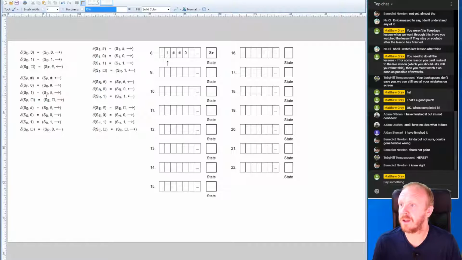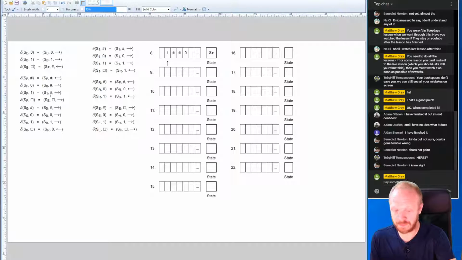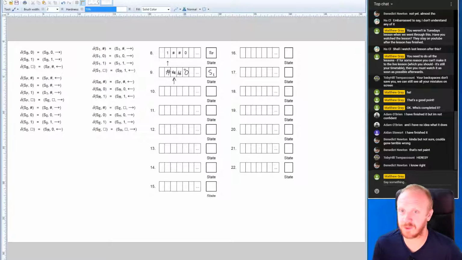And it says go to state S1, put a hash in the place and move that way. So now it will be pointing there. This will all stay the same, so that'll still be hash, hash. So that's where we should be after 1 step.